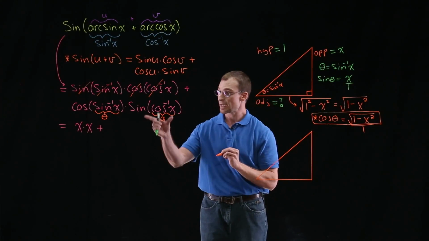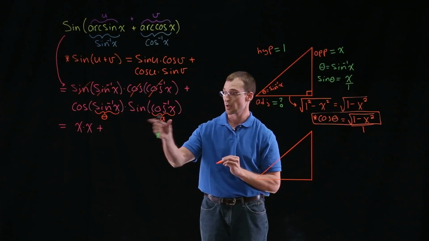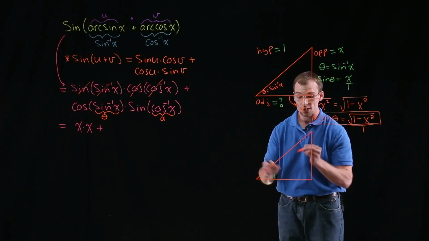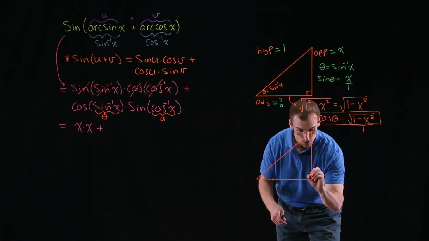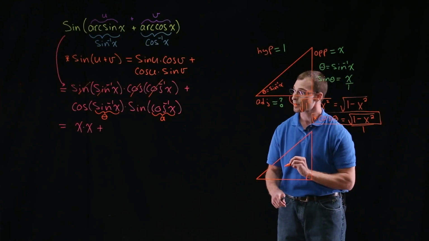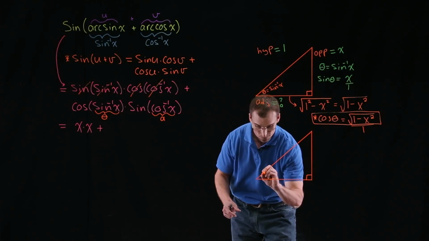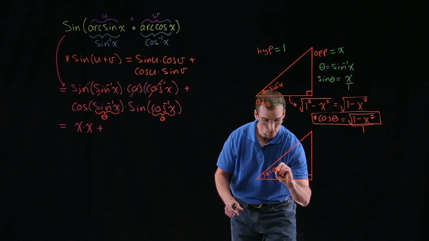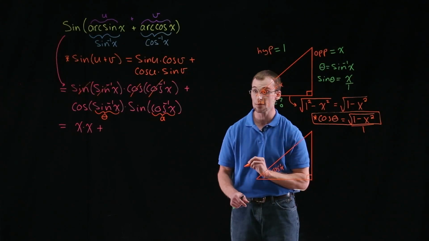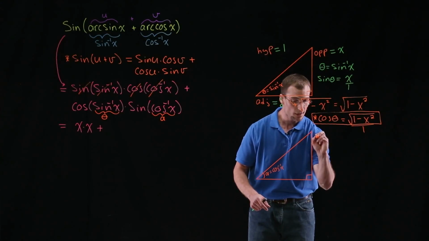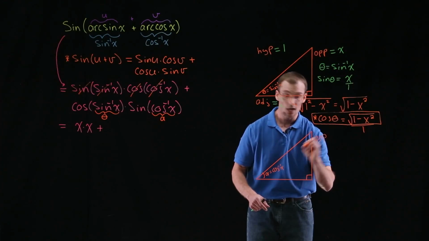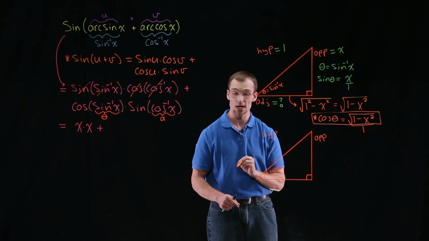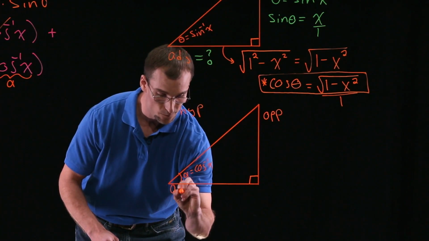So that's cosine of theta. Well, what we also need is sine of cosine inverse of x, sine of alpha. Same thing, using right triangle trigonometry with our right triangle here. Suppose we have this angle alpha equal to cosine inverse of x. And same thing, we have our opposite side from alpha, our hypotenuse, and our adjacent side.